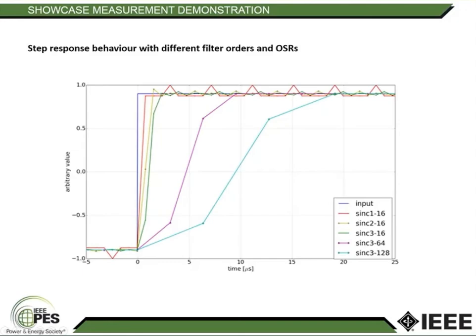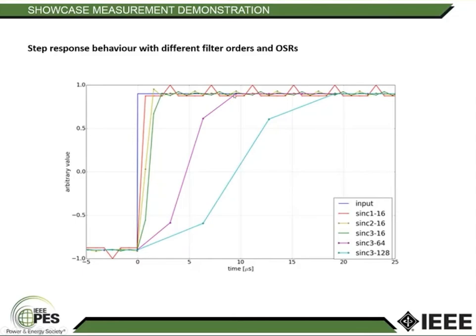Now looking at the purple line and the turquoise line down here, we can actually see a sinc 3 filter with an oversampling rate of 64 and a sinc 3 with an oversampling rate of 128. And there you can see we really get a lot slower right here. So it takes up to almost 20 microseconds until we detect the rising edge.